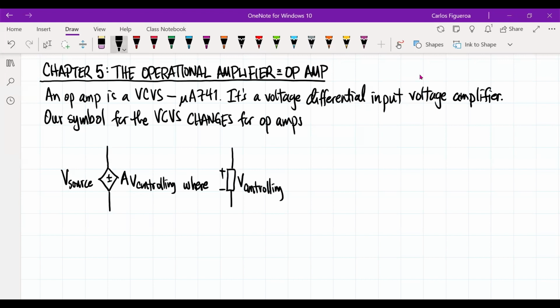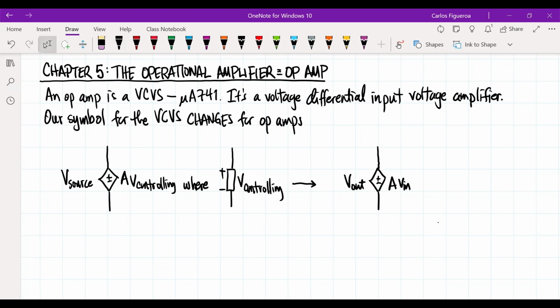So if I look at the language that we're going to be looking at, this is going to be V out, and then we're going to have A Vn. And so what you're seeing in this situation is that we have an output and we have an input. That input is the voltage differential that we'll talk about here in a moment.